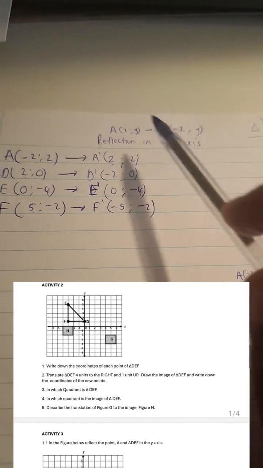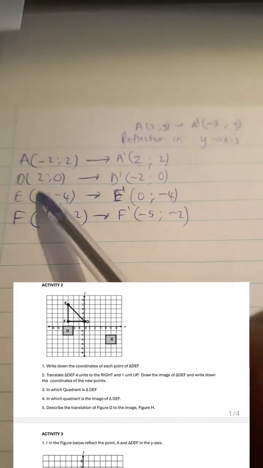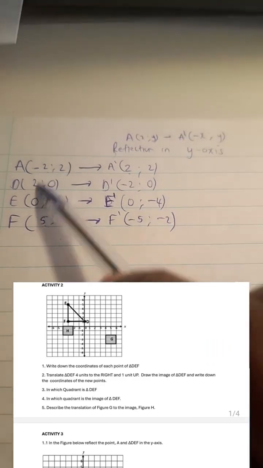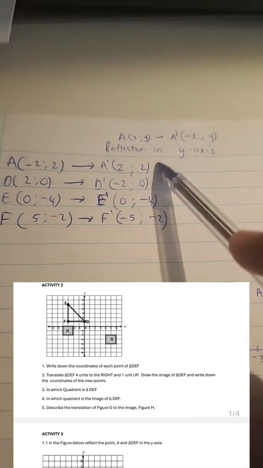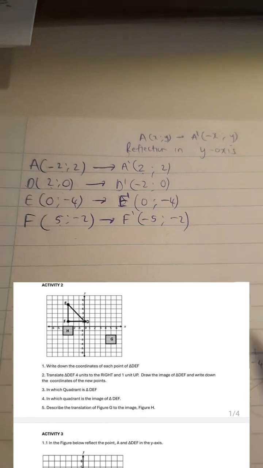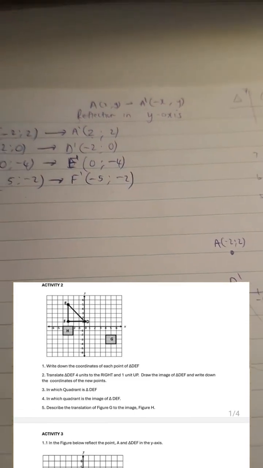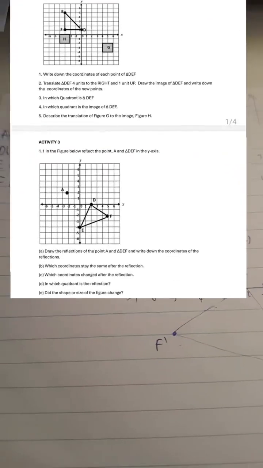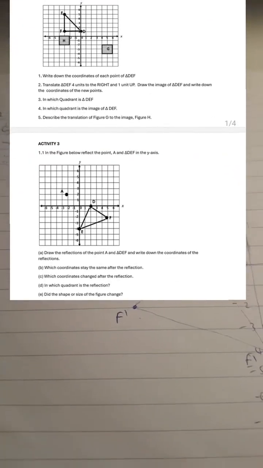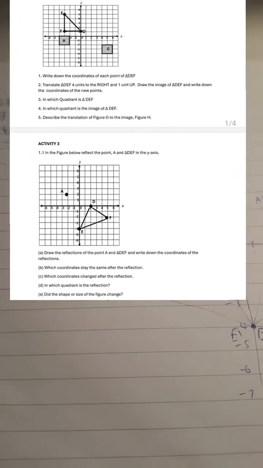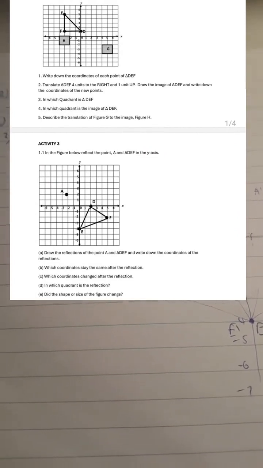With reflection in the y-axis, we know there's simply a change in the sign of the x-coordinate, whilst the y-coordinate stays the same.